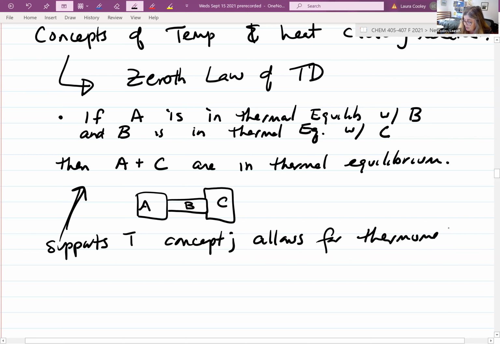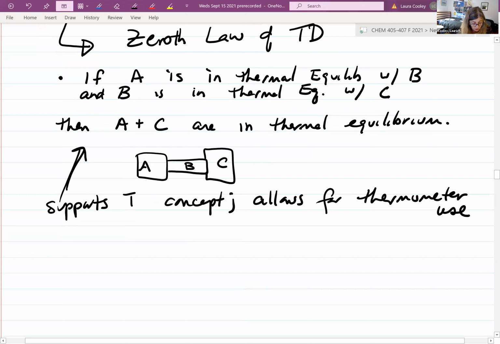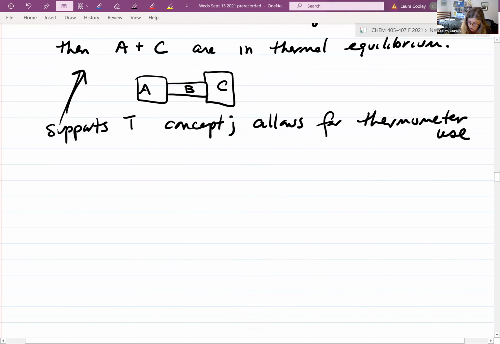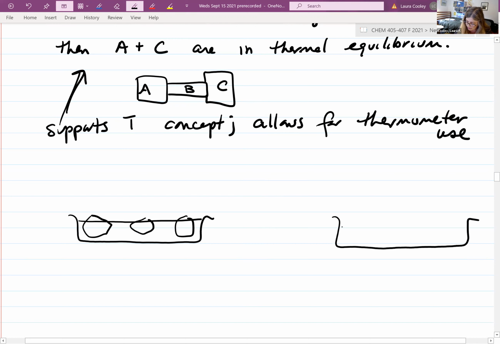So let me tell you a take on this zeroth law. Let's say you have two ice baths. Ice water baths. So here's the ice and the water, okay. And then you have another one over here.